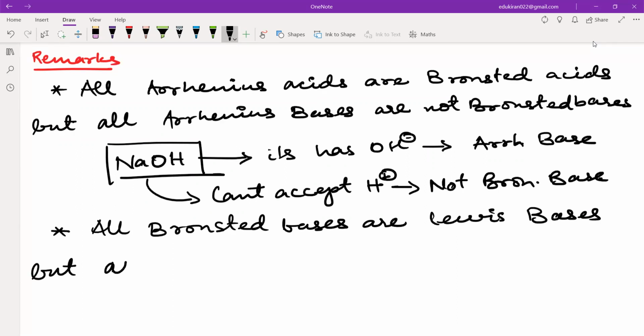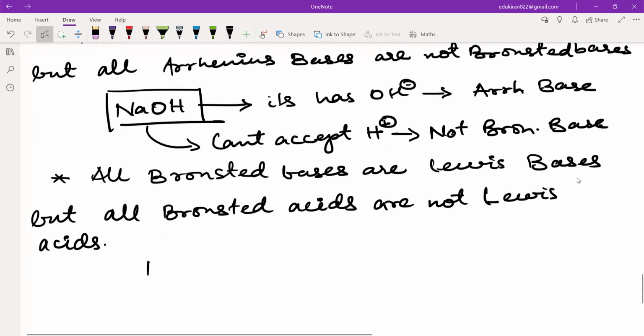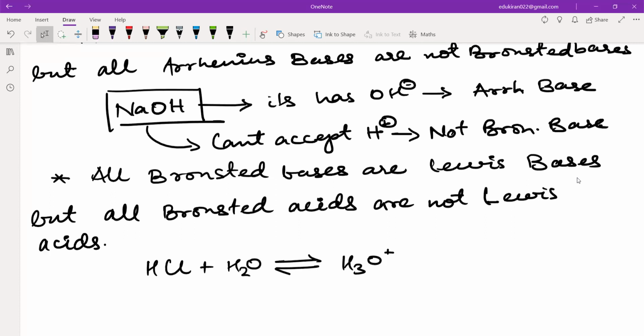But all Bronsted acids are not Lewis acids. Okay, are not Lewis acids. For example, let us see HCl. If I have HCl, what is going to happen? Plus H2O is going to liberate into H3O positive plus Cl negative, right?